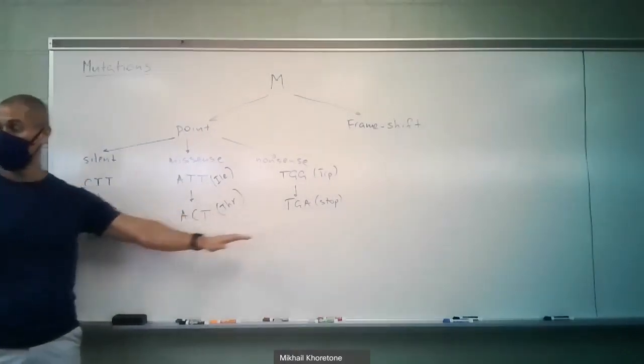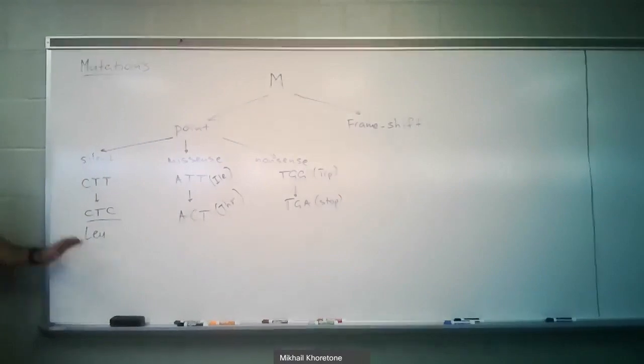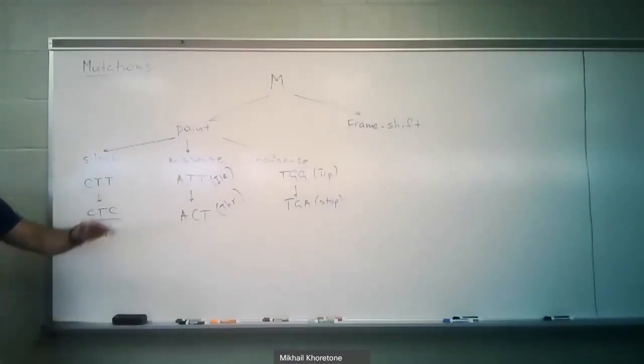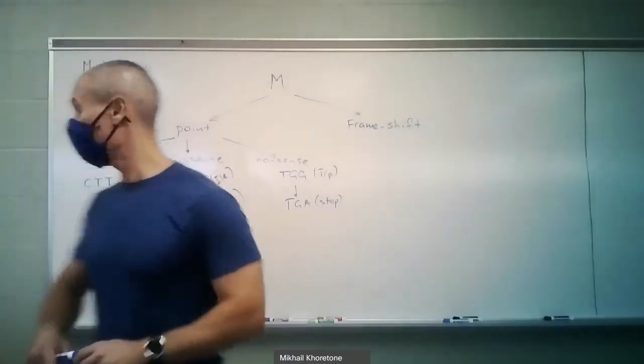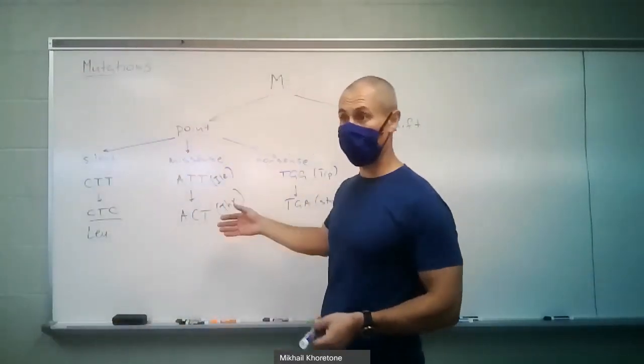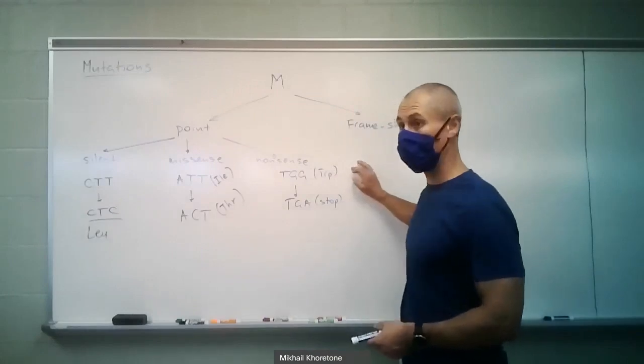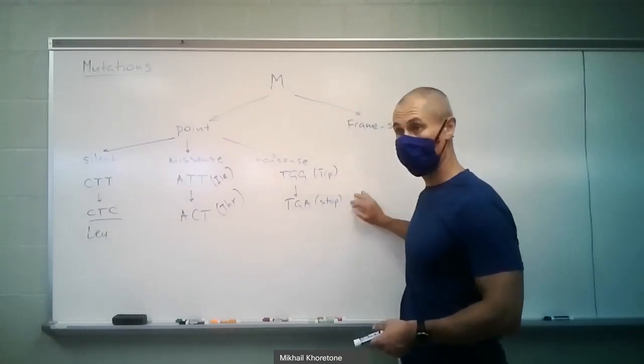Okay, so again, silent mutation: the amino acid doesn't change. Missense mutation: one amino acid is replaced by another. And in nonsense mutation, the codon for an amino acid is replaced by a stop codon.